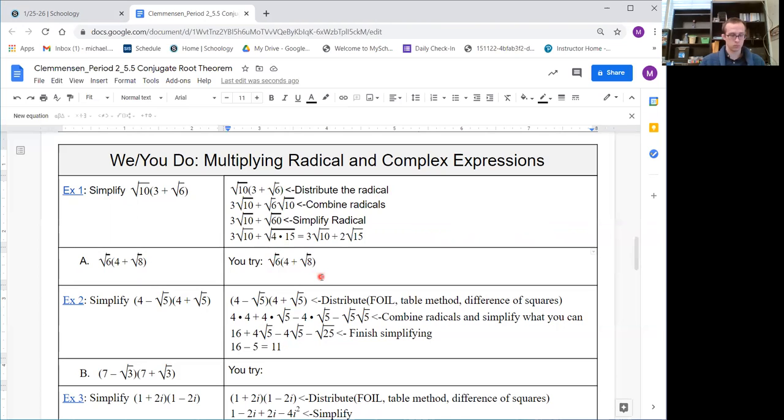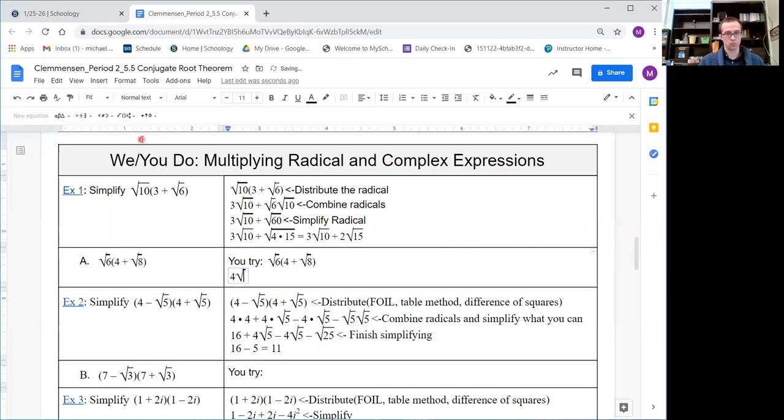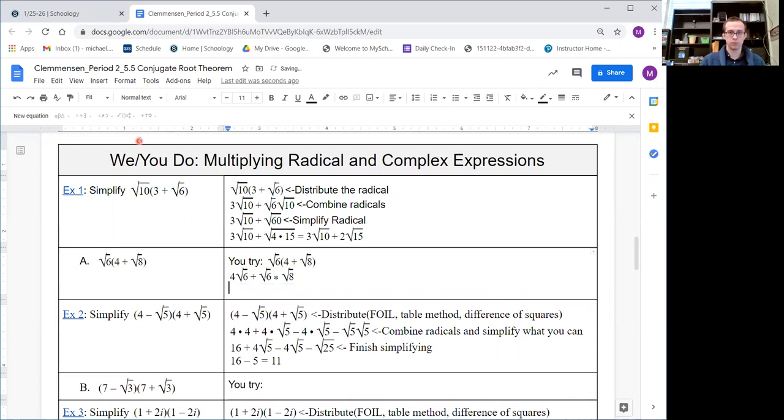Perfect. Oops, I forgot my new equation. 4 times the square root of 6 plus root 6 times root 8. All right. What's my next step? Who can tell me?